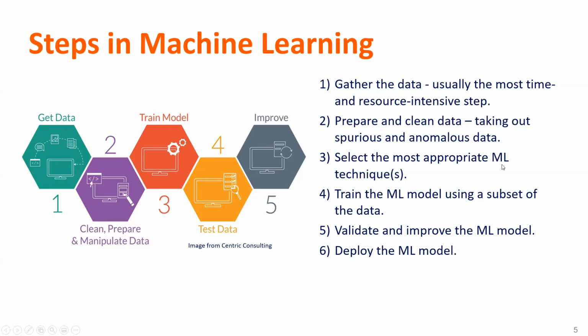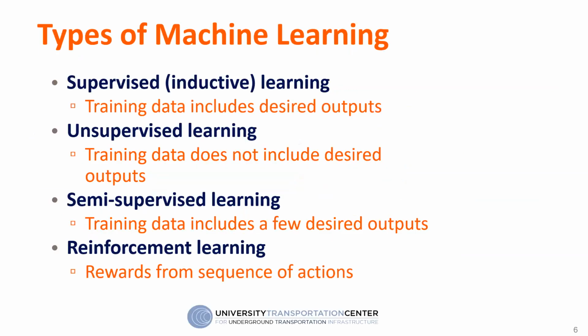There are many such techniques already available. You can, of course, develop your own, but given the large availability of techniques, most of the time we just choose the one appropriate for us. Then we have the so-called training data subset, so we train the ML using that set of data. And then we validate and improve the model using the test set of data. And once we have the model fully developed, we deploy it and use it in our application.